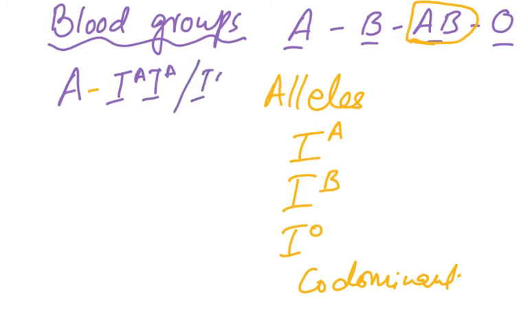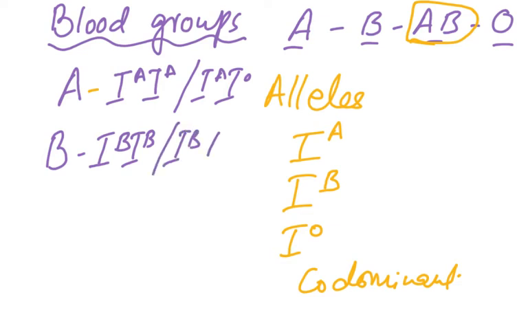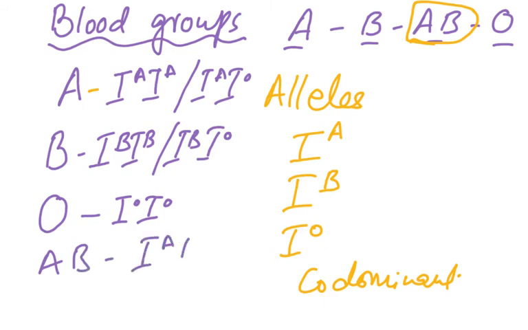So people with blood group A could be IAIA or they could be IAIO. People with blood group B again have 2 options. They can be either IBIB or they can be IBIO. People with O group have only one option. They can only be IOIO. And the people with blood group AB will be IAIB.